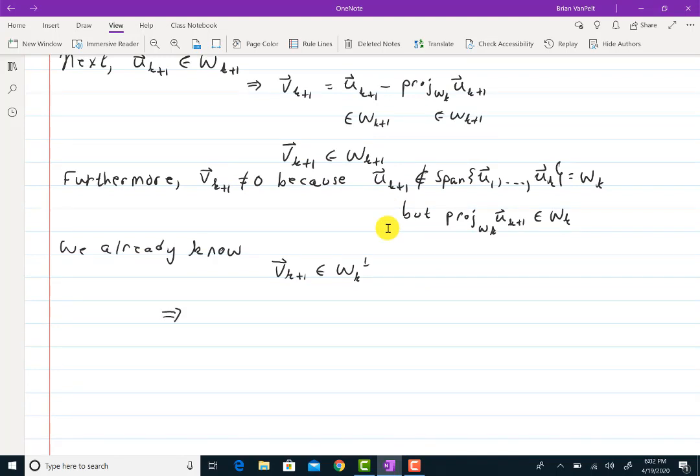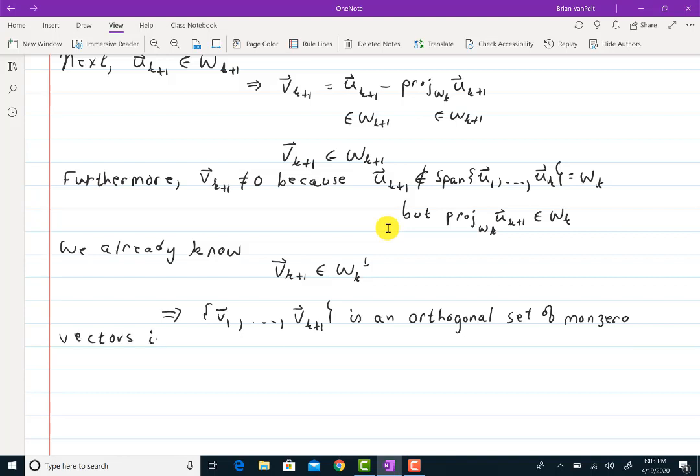This, of course, implies that v1 up to v sub k plus 1 is an orthogonal set of non-zero vectors in w sub k plus 1. Well, w sub k plus 1's dimension is k plus 1. And here is a set of linearly independent vectors. If it's orthogonal, then it's linearly independent.